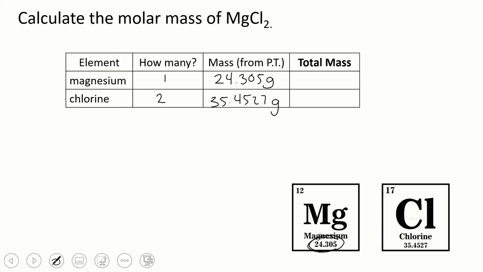To get the total mass coming from each of these elements, I'm going to take the number and multiply it by the mass that we just found. So 1 times 24.305 grams. And for chlorine, we're going to take 2 times 35.4527, and we get 70.9054 grams.